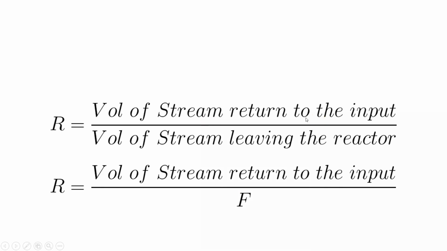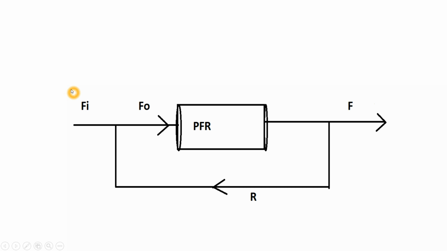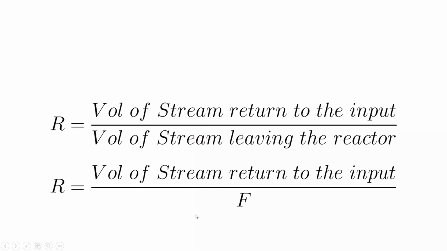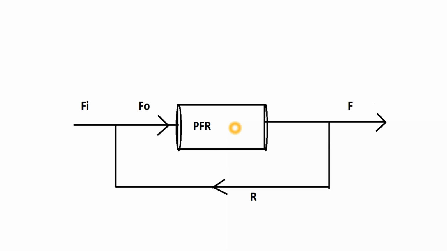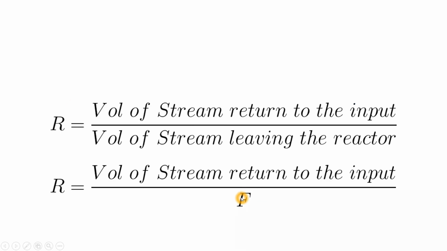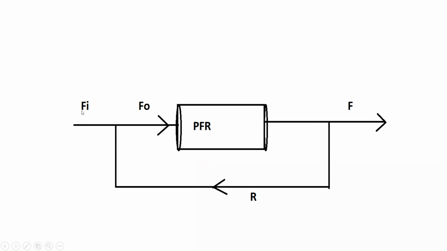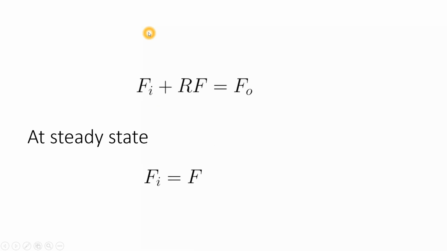R is the volume of the stream returned to the input upon the volume of the stream leaving the reactor, and the stream leaving the reactor is F. So R is equal to this upon F, then the volume of the stream returned to the input will be RF, and if we apply the material balance on this, you will get Fi plus RF is equal to F0.